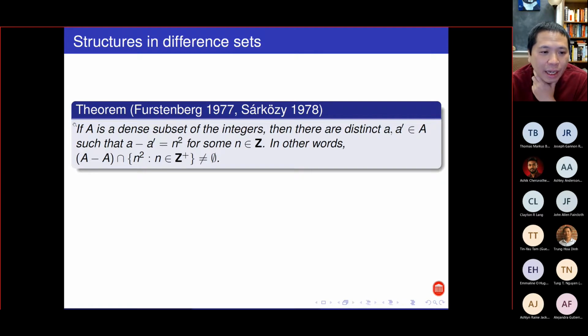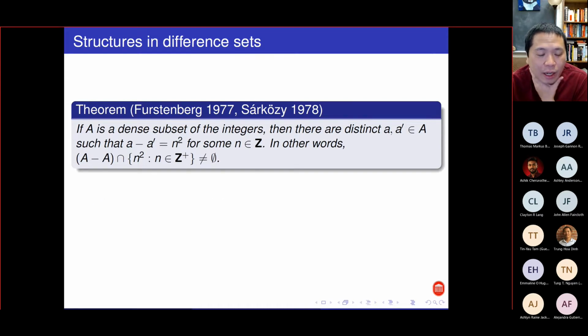Again, this is very surprising, because what is a dense set? It's just any set, as long as it has sufficiently many elements. And it turns out that you can find two elements in the set which differ by a square.